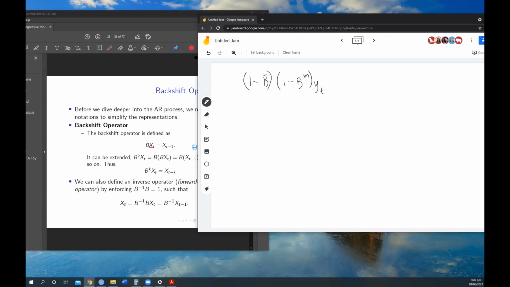You can use algebraic lang dyan. Kasi itong backshift, it behaves like para lang siyang variable, di ba? Although operator siya, but it follows algebraic operations. So, pwede na siya i-expand lang. Sige, expand.